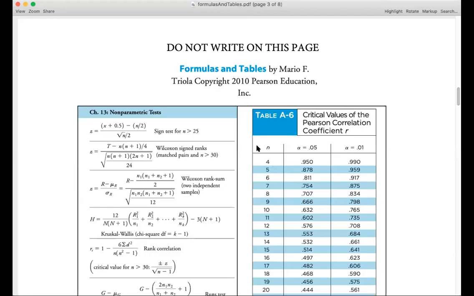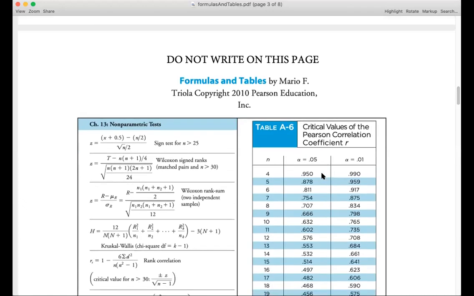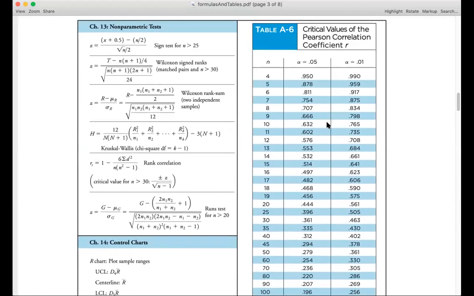All right, table A6. It's about the third page in the Formulas and Tables handout. It basically has two columns of critical values. We'll use one column if alpha is 0.05, and this column if alpha is 0.01. So it's undoubtedly going to be one of these two significance levels if we are asked for critical values.